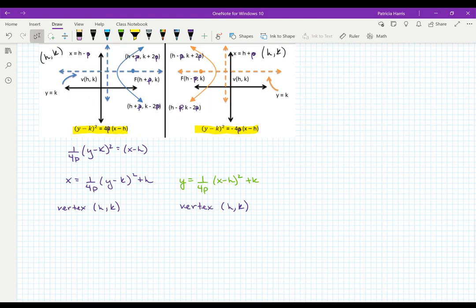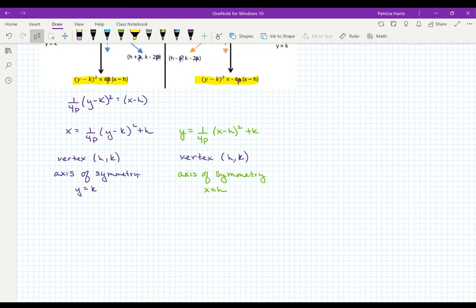That doesn't change. The axis of symmetry is now y equals k. On this one, your axis of symmetry is x equals h.